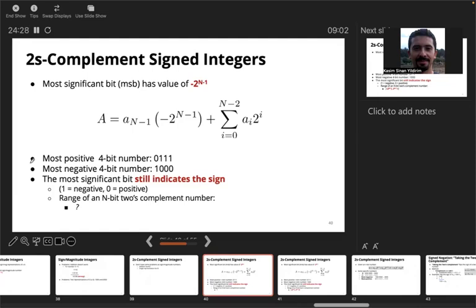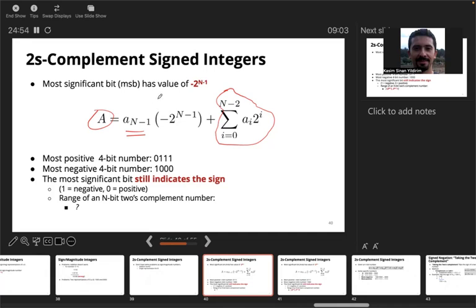So let's say I have a number and I am using two's complement representation. In this case, everything that I showed for the sign magnitude representation stays the same. But the most significant bit, the bit on the left-hand side, will actually have a value.